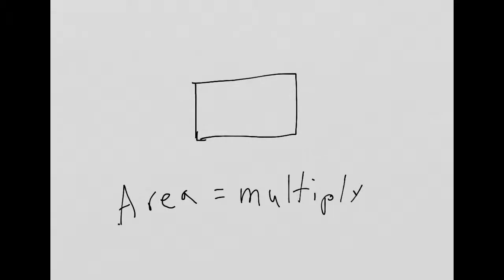So, for example, let's do just an easy example here. Let's say this is 8 and this is 4. The area of this rectangle would be 4 times 8. So the area is 32 square units.